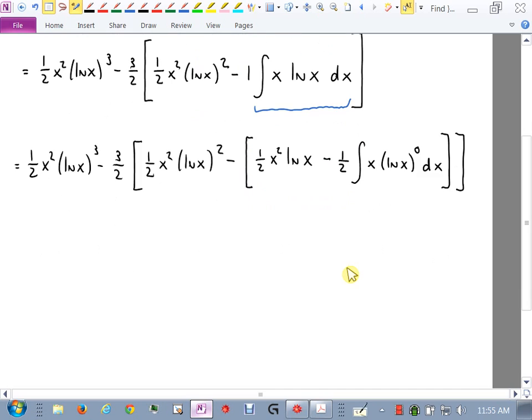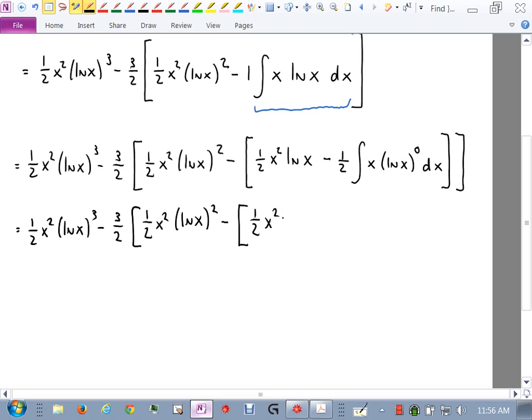So, all right, I think I'm almost ready. 1/2 x squared natural log x to the third minus 3/2 bracket 1/2 x squared natural log x to the second minus bracket 1/2 x squared natural log x minus 1/4 x squared, close, close.